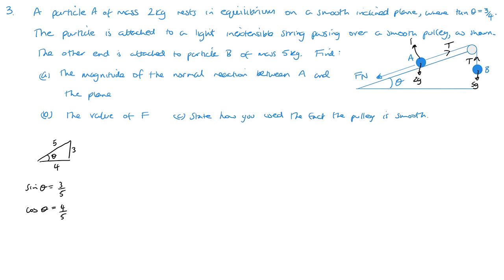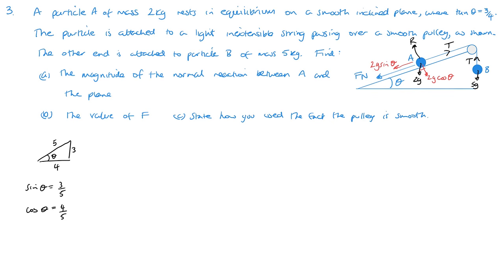This is R. So all we really have to do is deal with this 2g weight here. So I'll go into my red pen. So this angle here is theta. So 2g cos theta is there. And then going down will be 2g sine theta there.